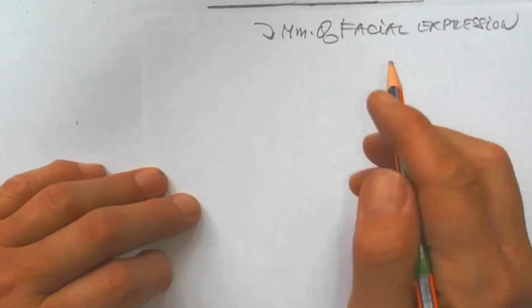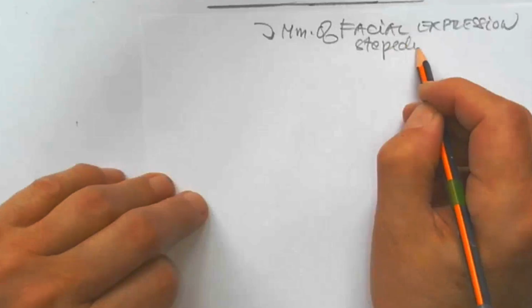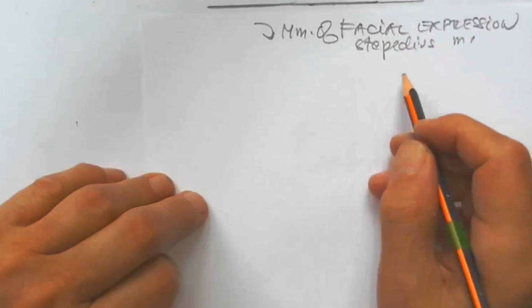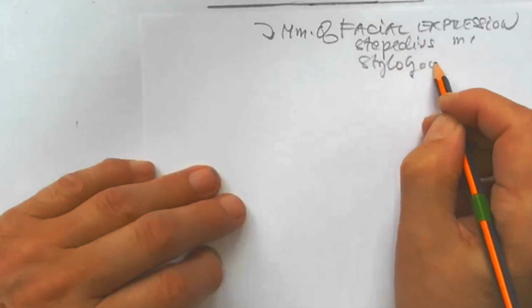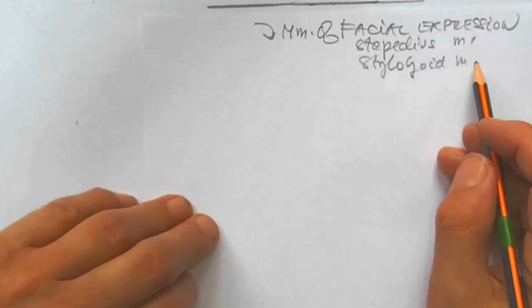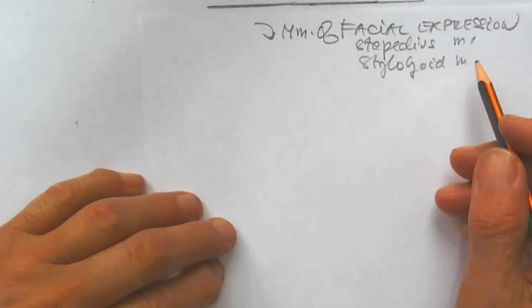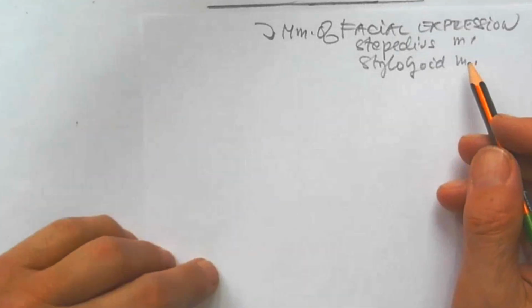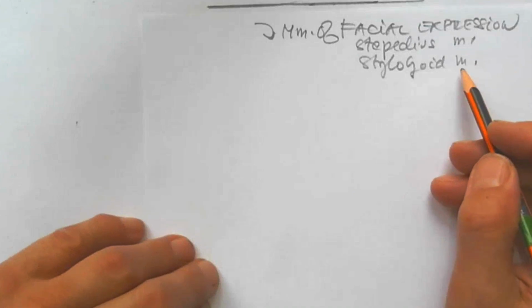That's it. Then also stapedius, which we have discussed in the diagram. Stylohyoid is the muscle descending from the styloid process, attached to the hyoid bone, important for the movements of the hyoid bone, together with the muscles contracting the pharynx, that means during swallowing.